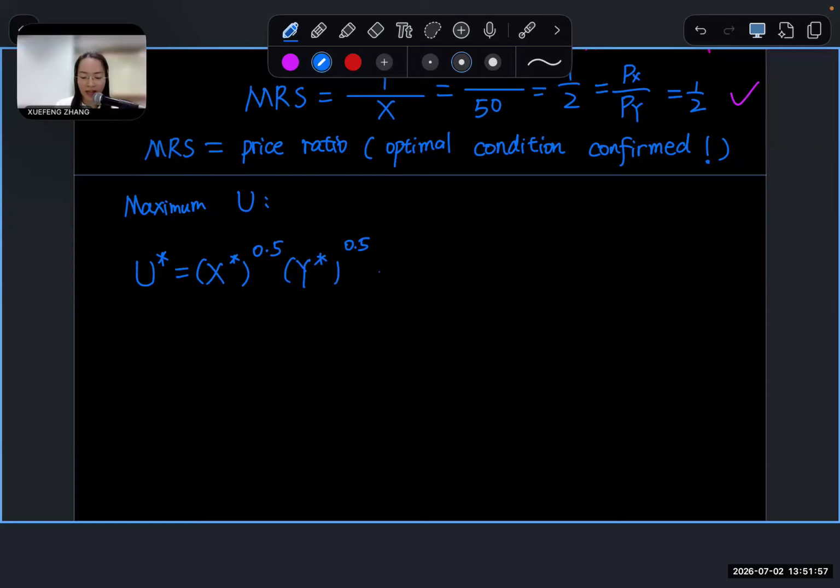We plug in the numbers: 50 to the power half times 25 to the power half.